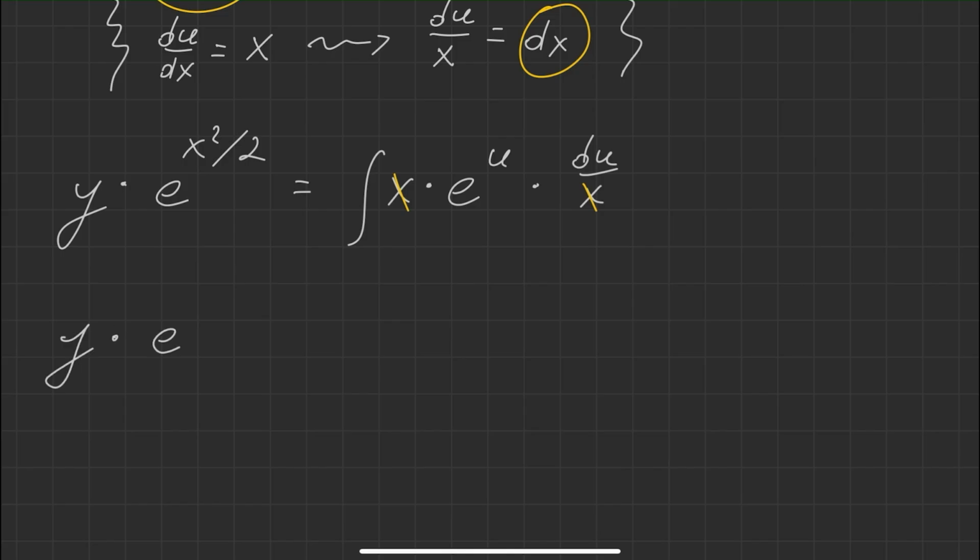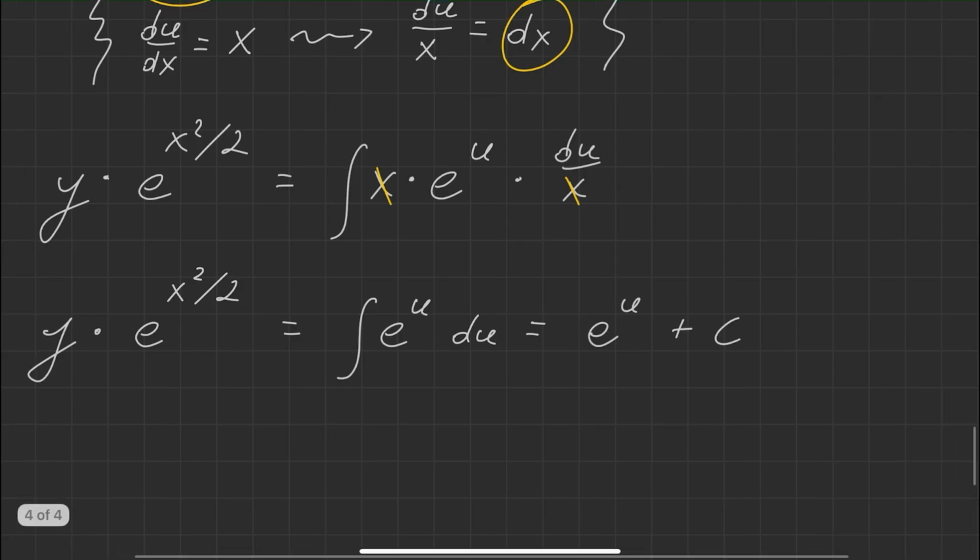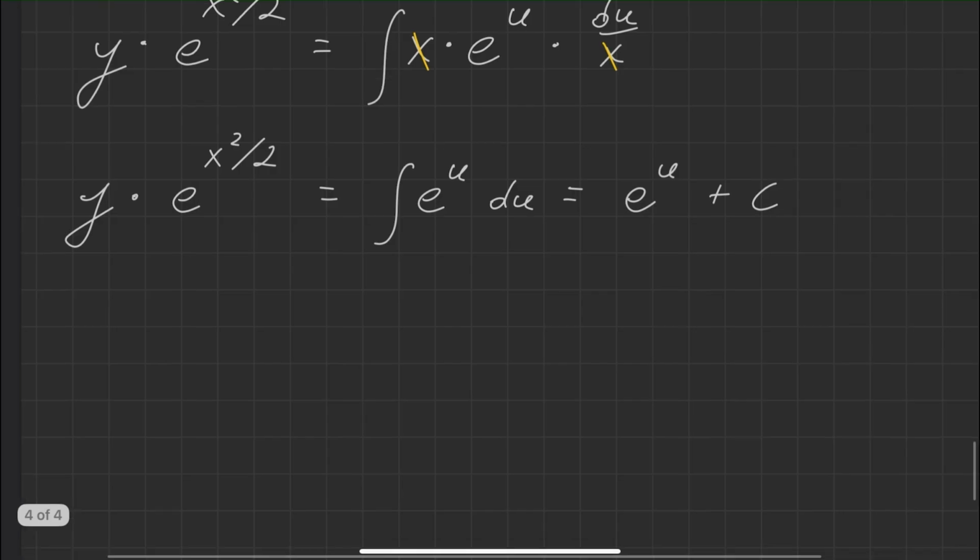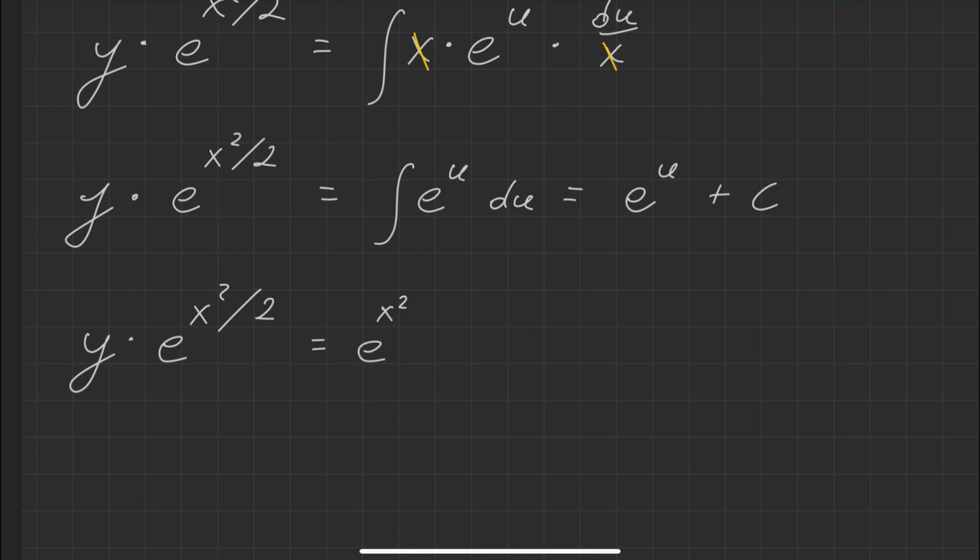So we are left with nothing but a simple expression: y times e to the power of x squared divided by 2 equals an integral of e to the power of u with respect to u, which simply equals e to the power of u plus some kind of a c. And of course we can re-express e to the power of u in terms of x, so this is e to the power of x squared divided by 2 plus c.